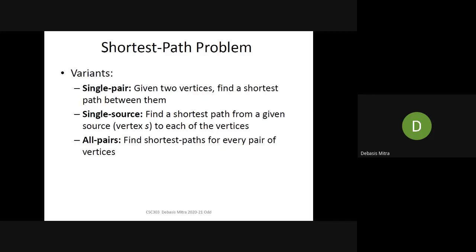Before that, let us consider the different variants. As I have mentioned, the simplest one is the single pair shortest path problem, where there is a dedicated source and dedicated destination. This is just a special case of the single source, all destination vertices problem.